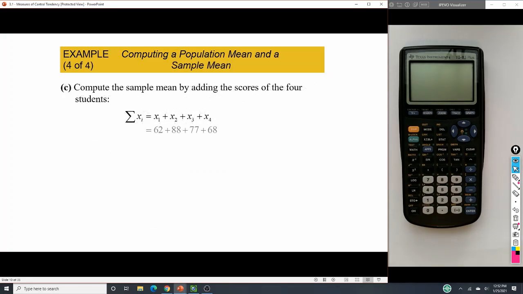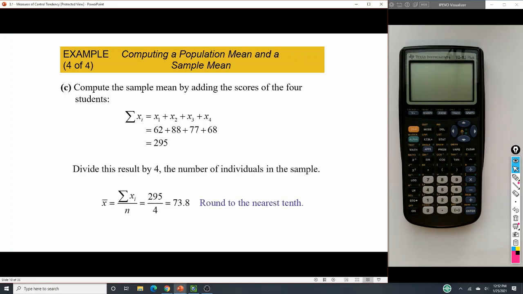So here we just add up the ones that we want, and this time it's only out of 4. Because we're doing a sample, it doesn't come out to that same 79. We got 73.8 because of the people we chose in this sample. We do another sample, it's going to be a different number. They should all be relatively close to 79, but they don't have to be 79 specifically.